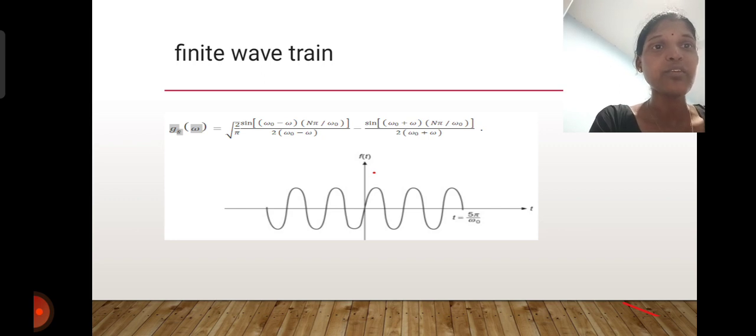This is the small wavelength of the wave train in sine transformation, where f of t is taken with t equal to pi by w0.